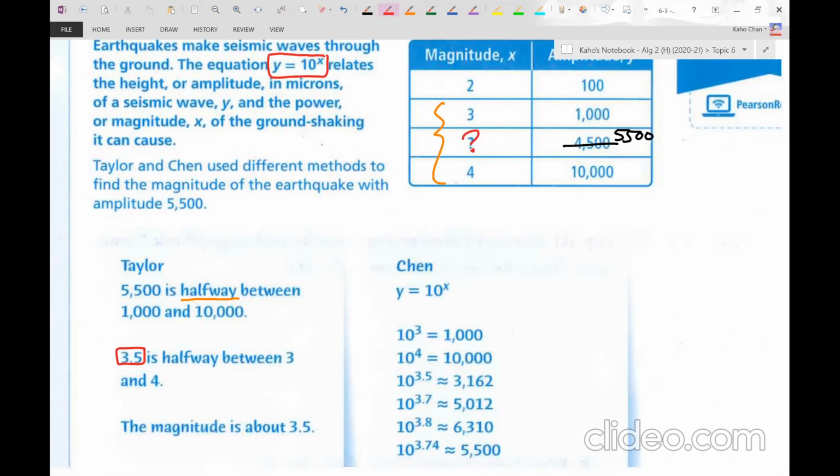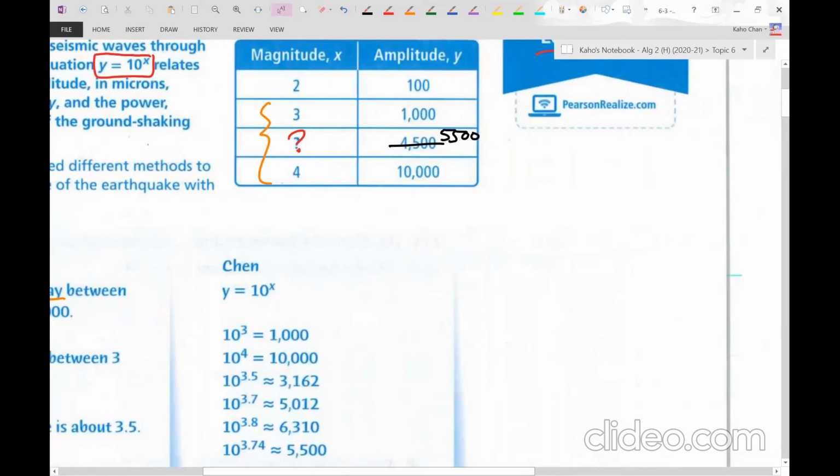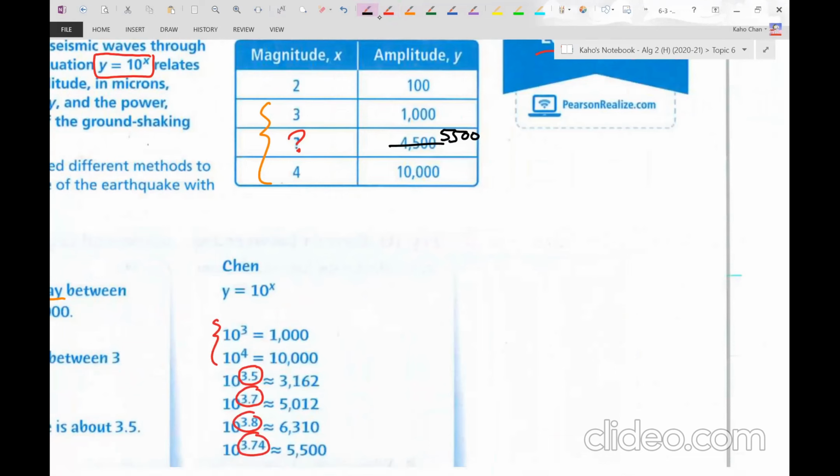Chen, on the other hand, basically does kind of like a guess and check. He knows that 10 to the third is 1,000, 10 to the fourth is 10,000, which is a little too big. So he needs to find a number between 3 and 4. He resorts to decimals. A little too high, a little too low. He's playing a game of higher or lower, basically.